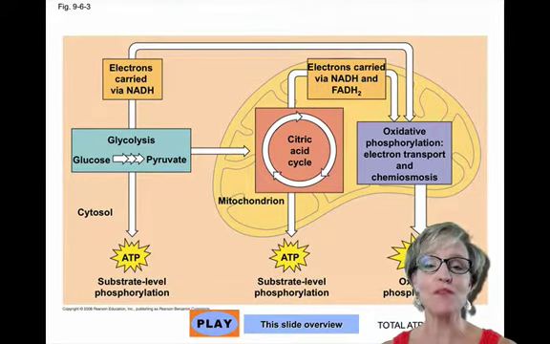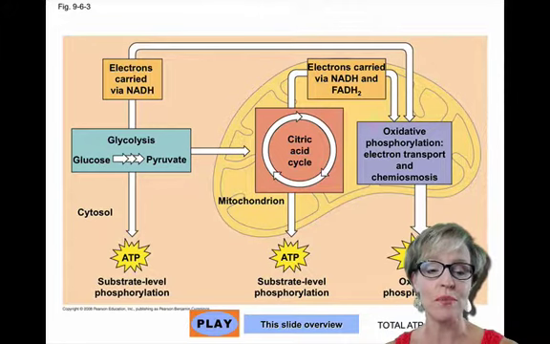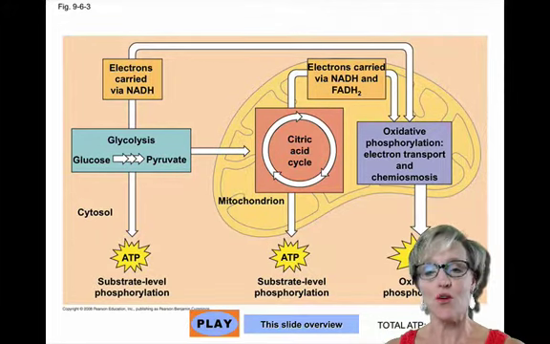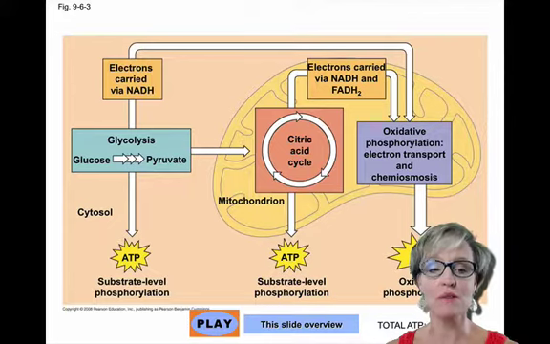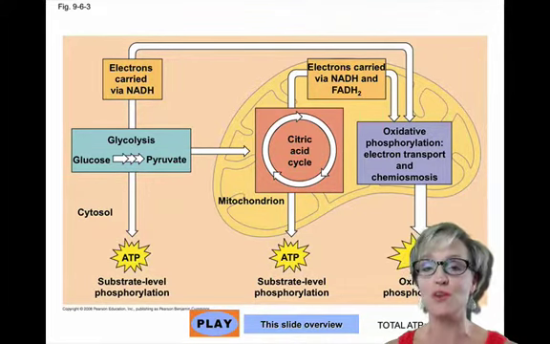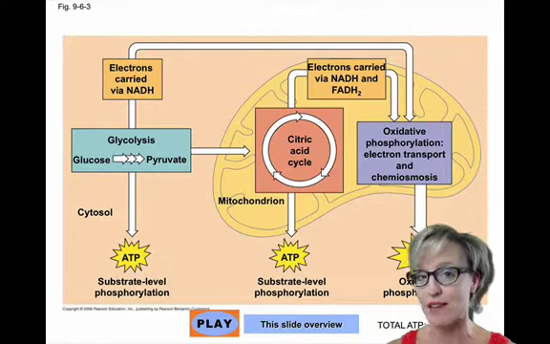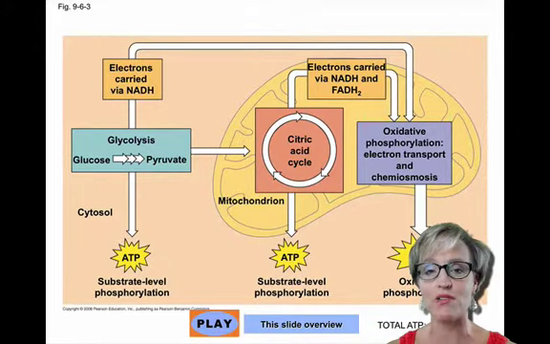Anyway, before we start on the glycolysis and the citric acid cycle, let's remind ourselves of the overview. We talked about glycolysis being the cutting of sugar into pyruvate. We are oxidizing the glucose, reducing the electron carriers called NAD plus to NADH. We get 2 ATPs per glycolysis, and of course it does not take place in the mitochondria.